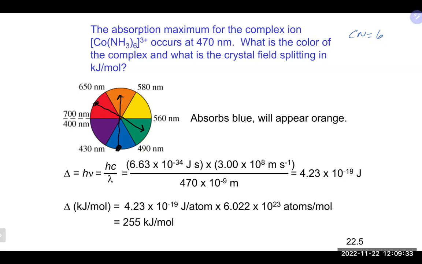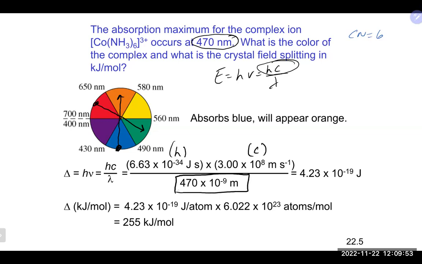So to calculate the crystal field splitting, we have the wavelength given to us, so we could use the energy equation that involves wavelength. That's because both of those are constants. So right here is Planck's constant. That is the speed of light. And this is our wavelength that has been converted into meters.